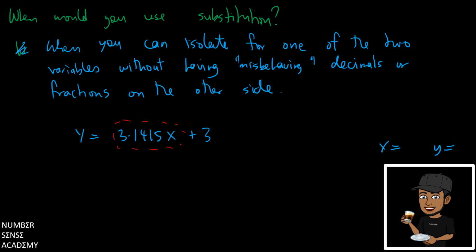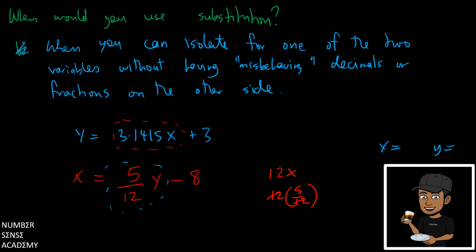Or if you isolate for x and get x equals 5 over 12 y minus 8, dealing with this 5 over 12 y is going to make your life a lot more difficult, unless you're subbing this into, say, 12x. Now you have 12 times 5 over 12, which is really nice, because the 12s will cancel out.